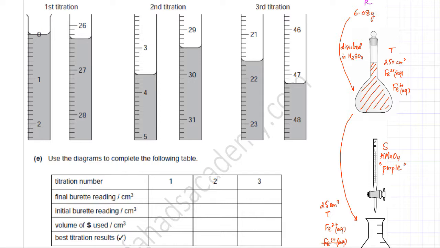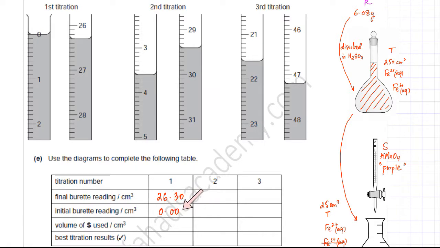Looking at the first titration, the initial burette reading is 0.00 cm³, and the final burette reading is 26.30 cm³. Always read the lower meniscus. Remember to take burette readings to 2 decimal places, because that's the accuracy of the apparatus. The amount of KMnO4 added is the difference.